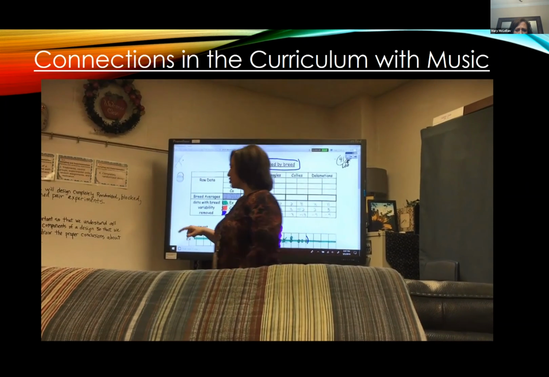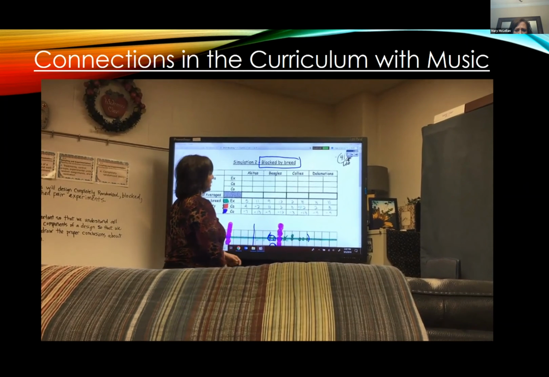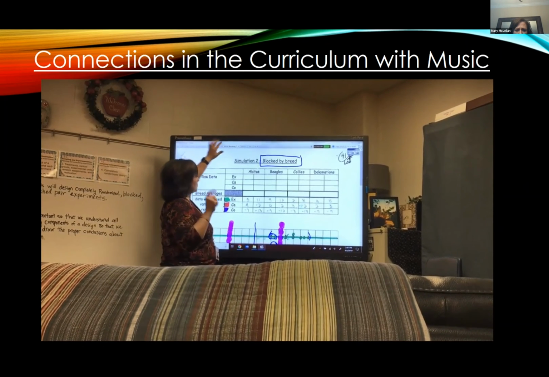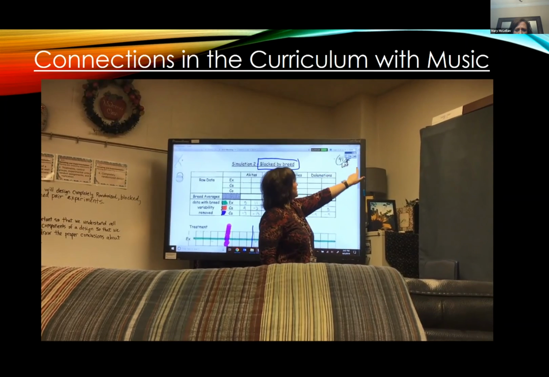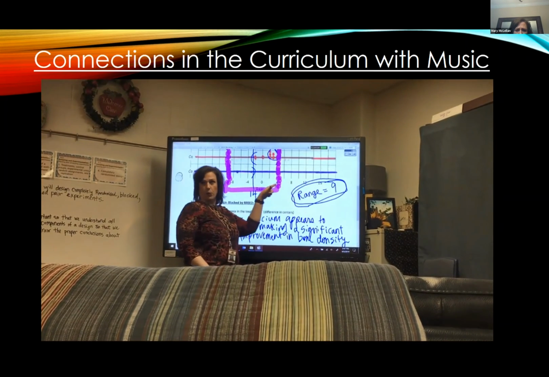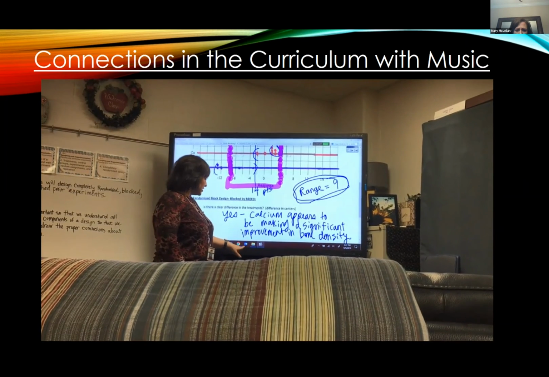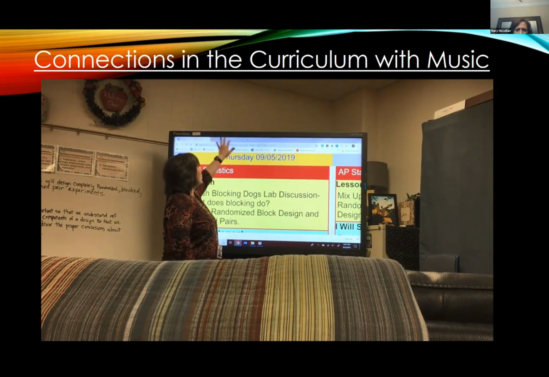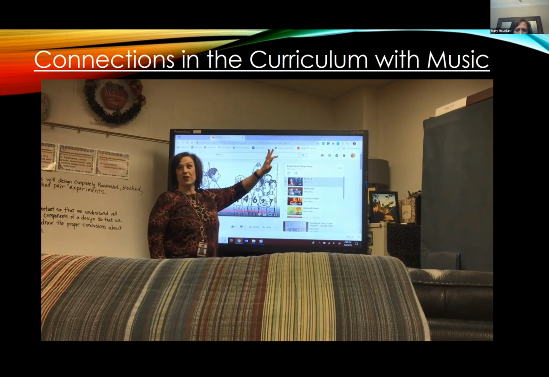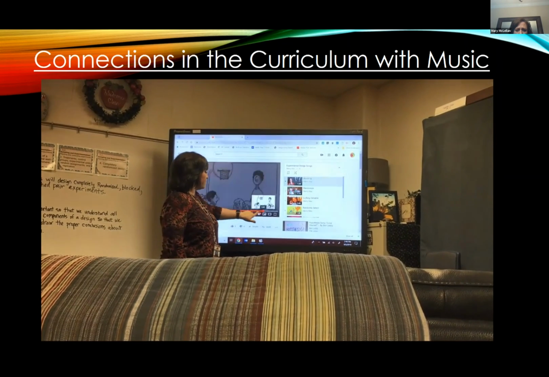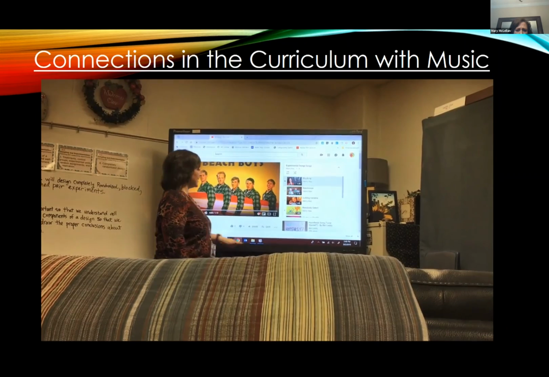We block to do what? What did this account for? Blocking to do what? Reduce variation. Nice. So we're going to block to reduce variation. Good vibrations. See the connection there?